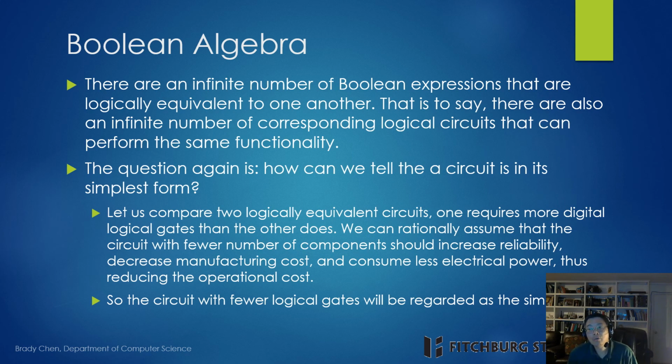This should increase the reliability, decrease the manufacturing cost, and consume less electrical power. Thus this is going to reduce the operational cost. So if you have two circuits, and one has fewer components, we believe that circuit is better than the other one.